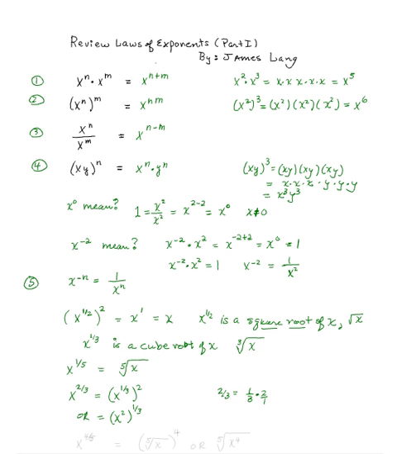So to try this out with another example, what would x to the 4/5 mean? x to the 4/5 would be the 5th root of x raised to the 4th power.